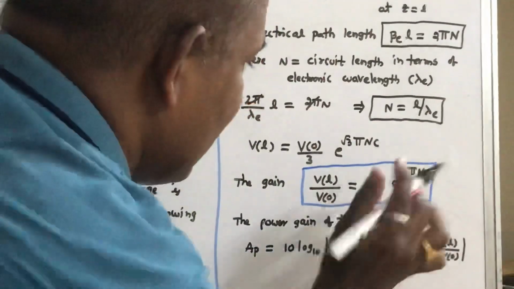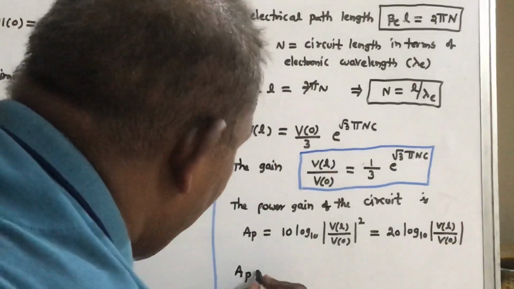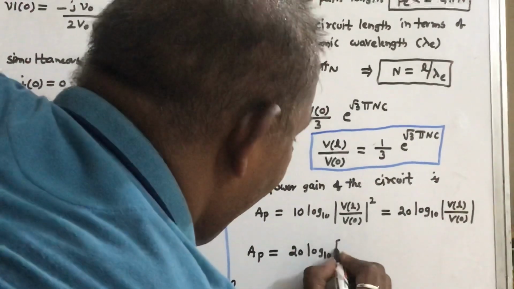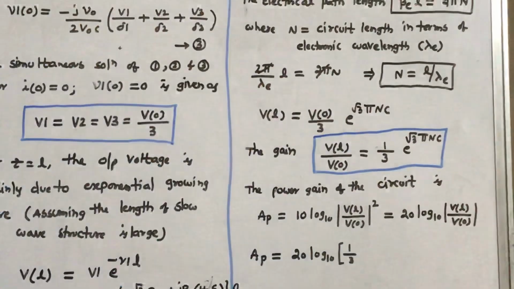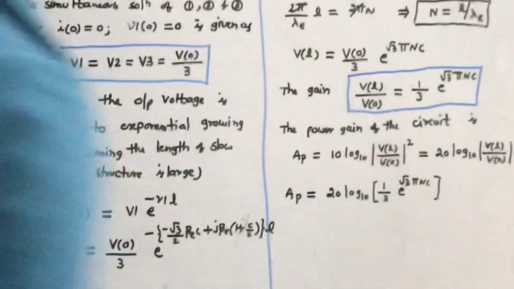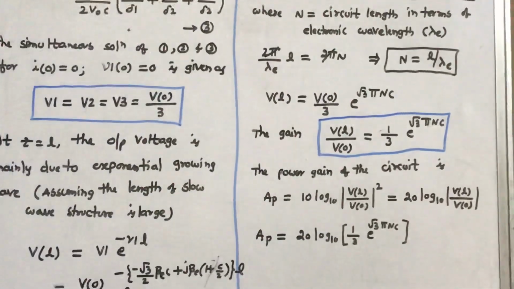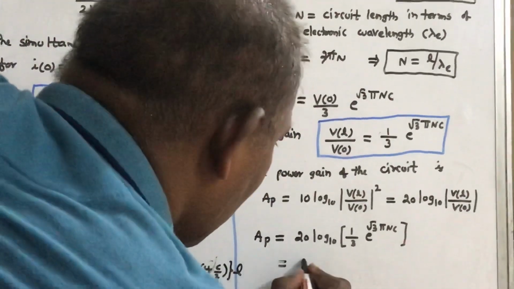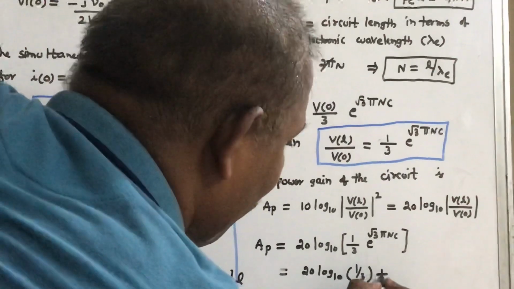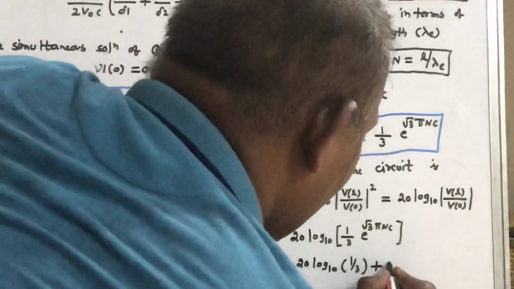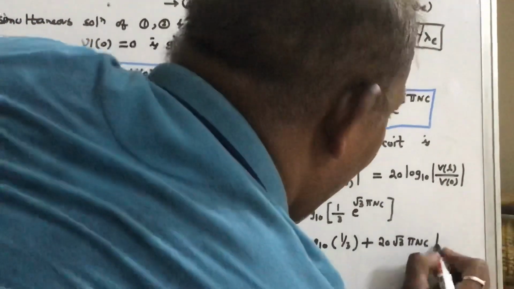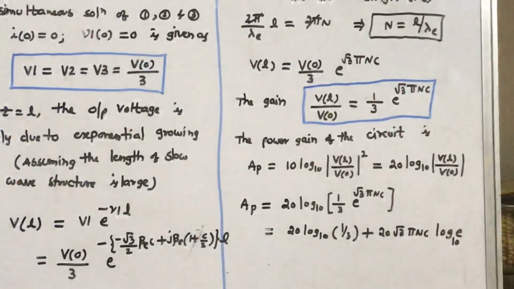Now the power gain A P is equal to 20 log to the base 10 of 1 by 3 into e power root 3 pi n C. Using the log A plus log B formula, we get 20 log to the base 10 of 1 by 3 plus 20 into root 3 into pi into n C into log e to the base 10.